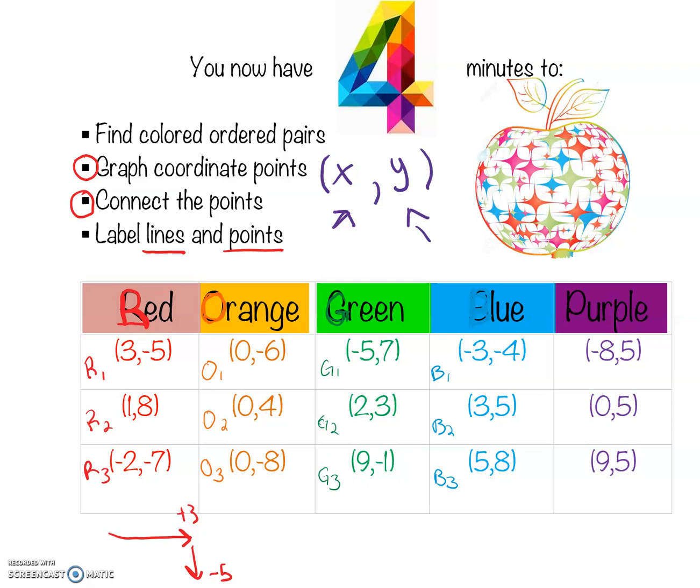All right, so by now we should know that labeling is easiest if we just pick the first letter of the color for the line, and then each point is B1, B2, and B3. If you are choosing something other than that first letter of the color, that is perfectly fine.